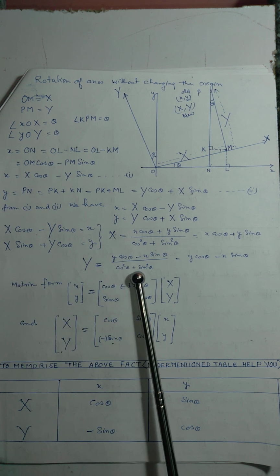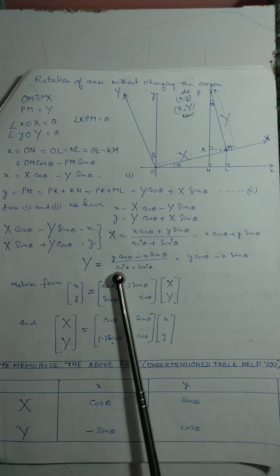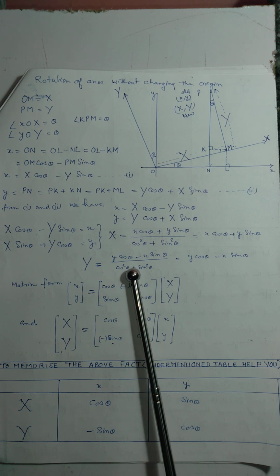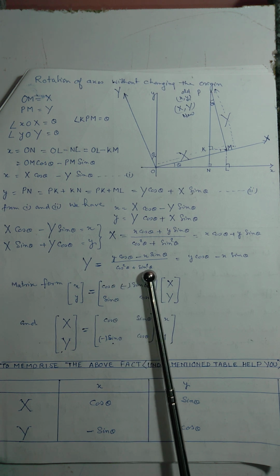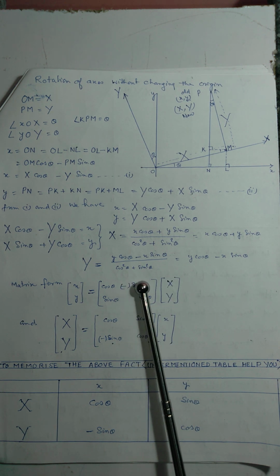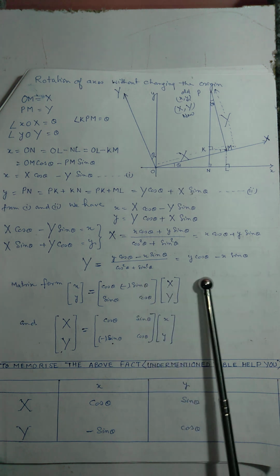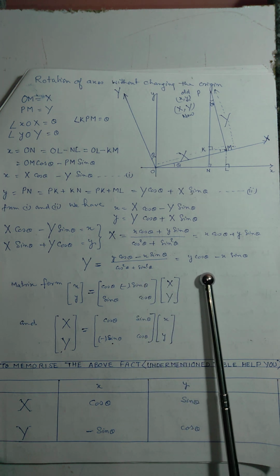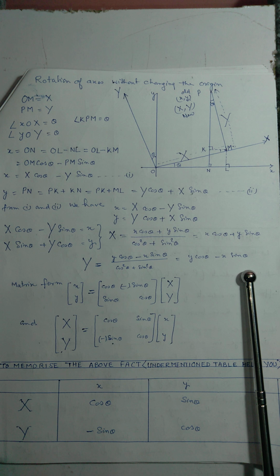I have written here y cos theta minus x sin theta, whole divided by cos square theta plus sin square theta. That will become y cos theta minus x sin theta.